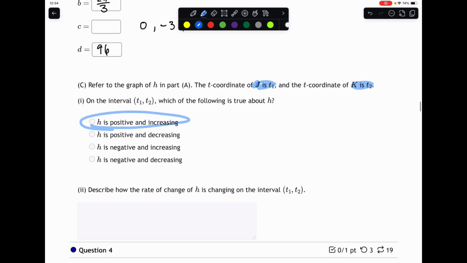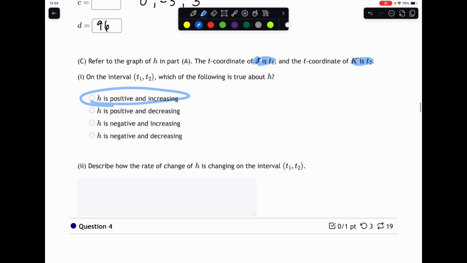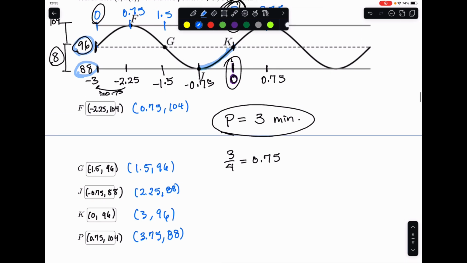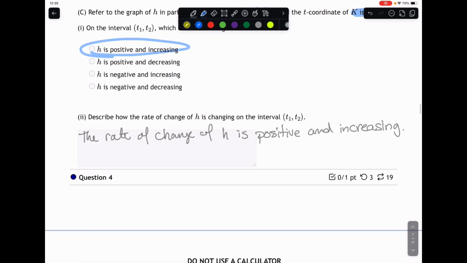And for the second part, looking at the same values from J to K, since we're increasing, that means we have a positive rate of change, and since the graph is concaving upwards, it's also increasing. So here are our solutions to part 2 of question C.